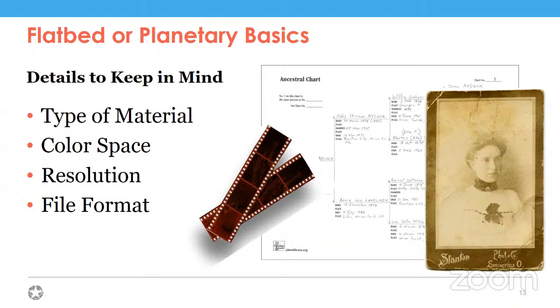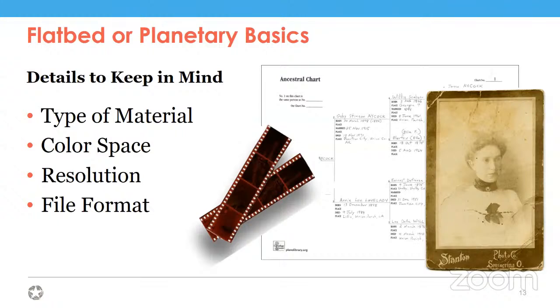So when you're about to start scanning, we're going to talk about each of these in a little more detail, but we do want to consider the type of material we are going to be scanning, the color space, the resolution, and the file format that we will want to save it in. If you think about these things based on your different materials, your different format types, you want to keep all of those details the same for each format type.